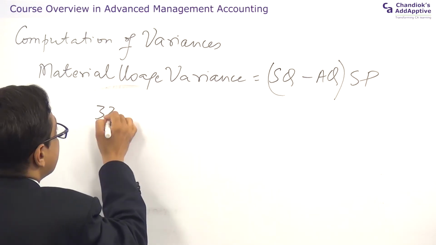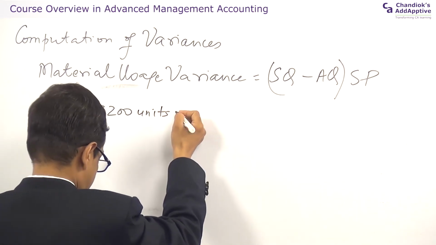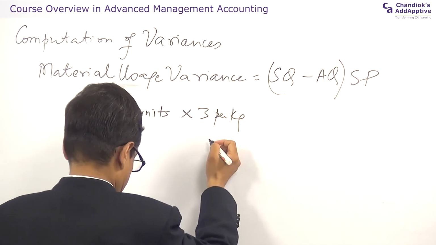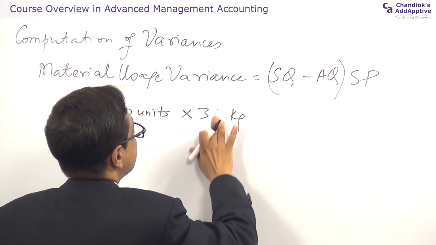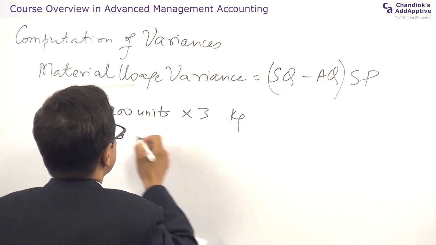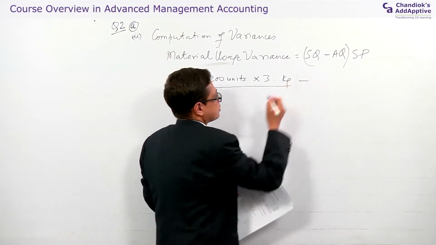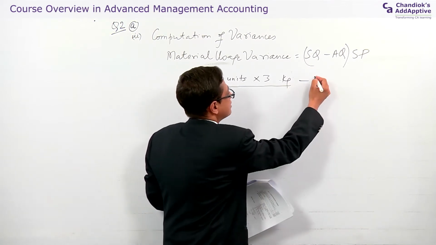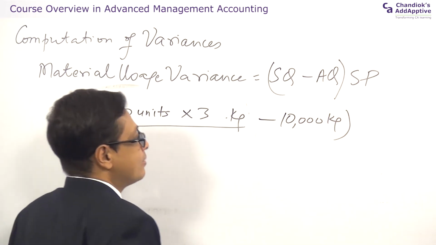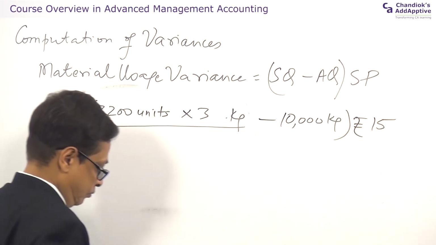So 3200 units at the rate of 3 kg per unit, right? So you are using 3 kg, and this much quantity is the standard quantity, 9600 kg. You reduce actual quantity. So the actual quantity given is 10,000 kg. You multiply with the standard price. So what is standard price? It is rupees 15 per kg.